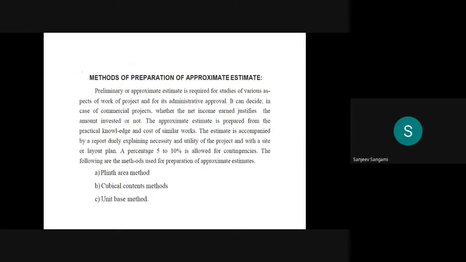We discussed some of the detailed estimate and the rough estimate, or we can say the approximate estimate. So which are the methods to calculate the approximate estimate? Normally, a preliminary or approximate or rough estimate is required for the studies of various project works and normally for administrative approval.